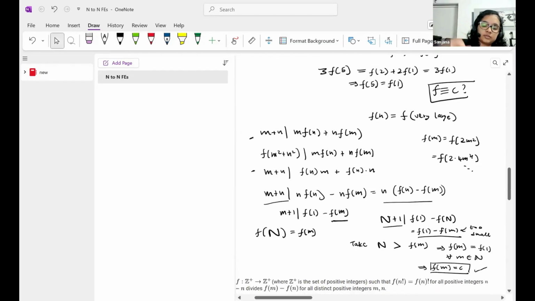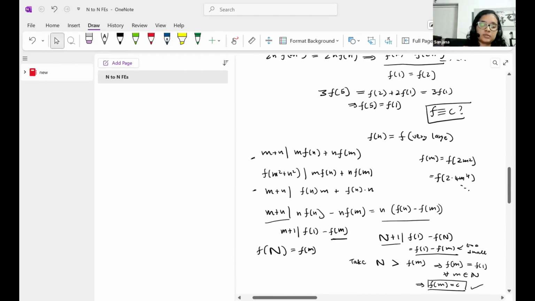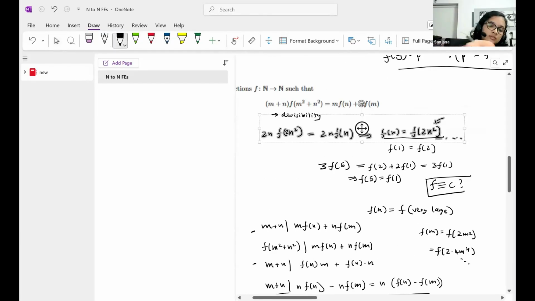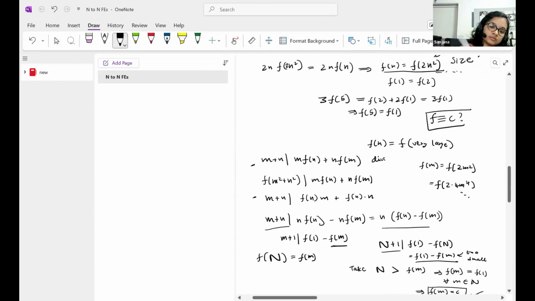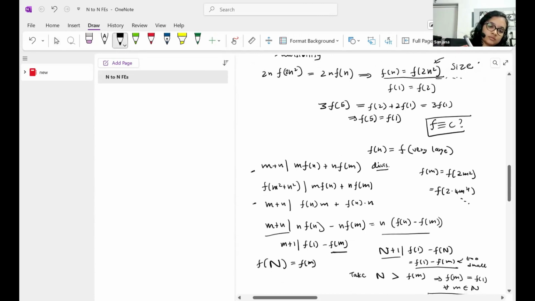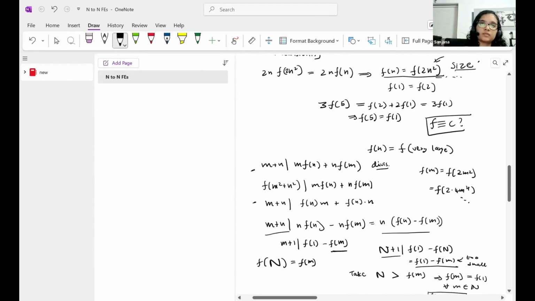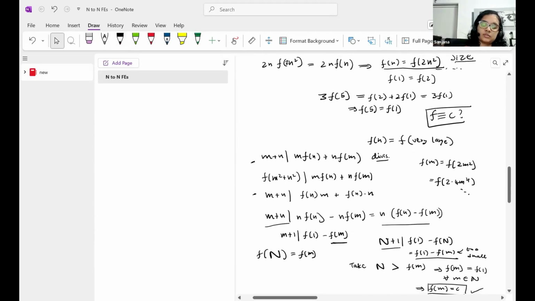Did everyone follow? So there were mostly two parts to this. One part was the size part, and one part was the divisibility. That was the main idea of this problem.